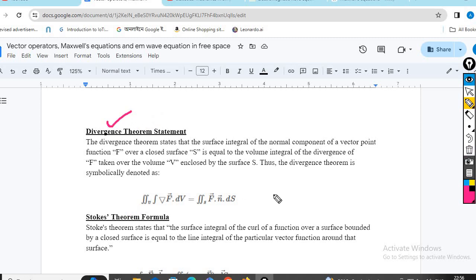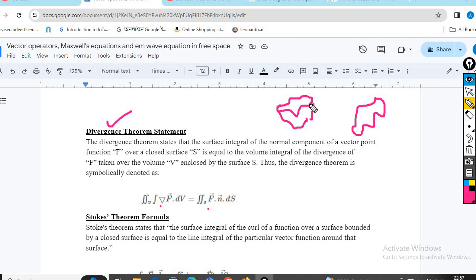So what does this divergence theorem say? The divergence theorem gives us a relation between the surface integral and the volume integral. So what is a surface integral? You have a two-dimensional system, with variation of x and y, or y and z, whichever axes you are talking about. Now what will be the relation between the two-dimensional variation and a three-dimensional system?